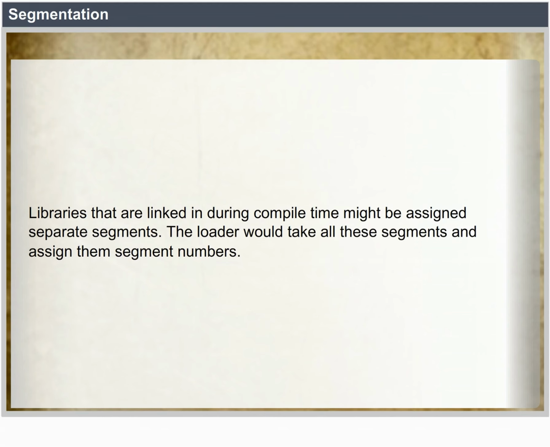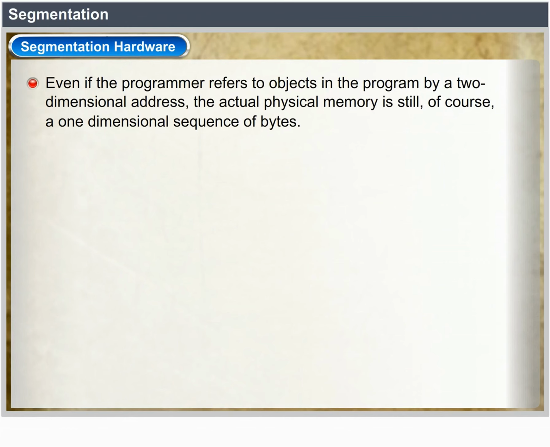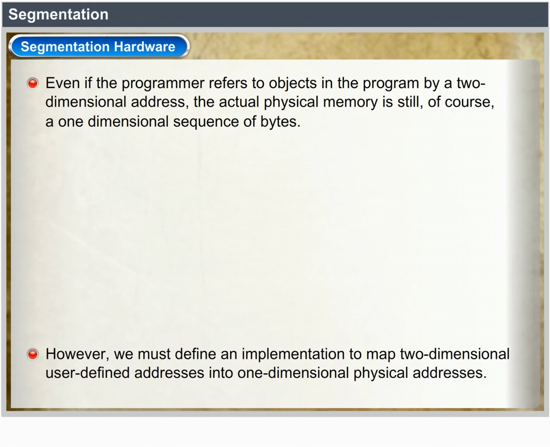Segmentation hardware. Although the programmer can now refer to objects in the program by a two-dimensional address, the actual physical memory is still, of course, a one-dimensional sequence of bytes. Thus, we must define an implementation to map two-dimensional user-defined addresses into one-dimensional physical addresses.